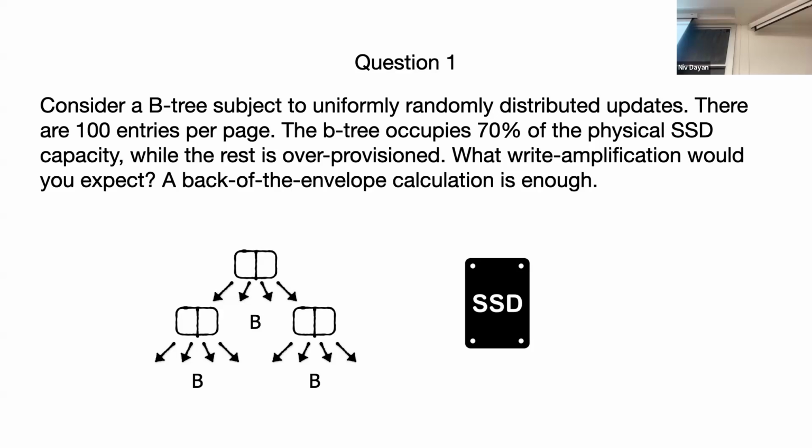Yeah, so over provisioning is the total number of pages, and pages just oscillate between three different states. So basically, okay, so validate it.